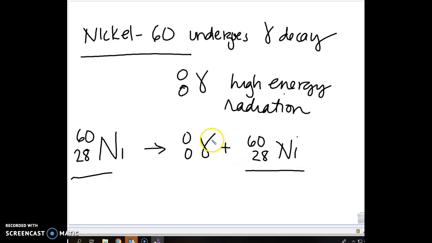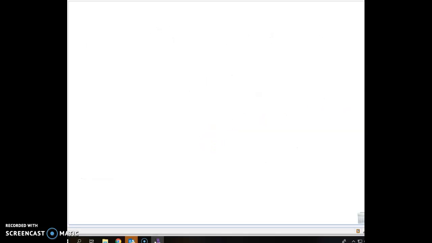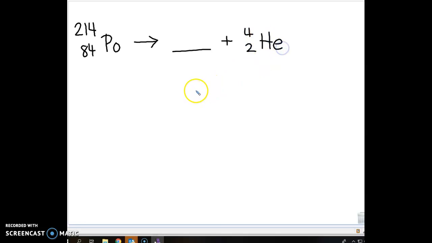Okay. Now on your final, you're going to have some nuclear equations that you're going to have to complete, and they're going to look something like this. So here is an example of a nuclear reaction.